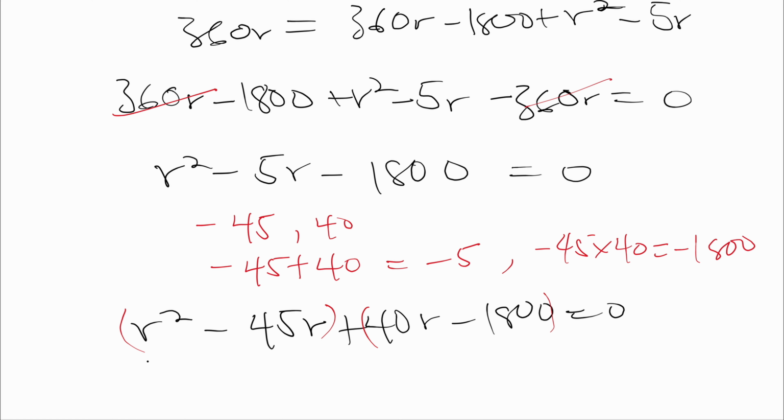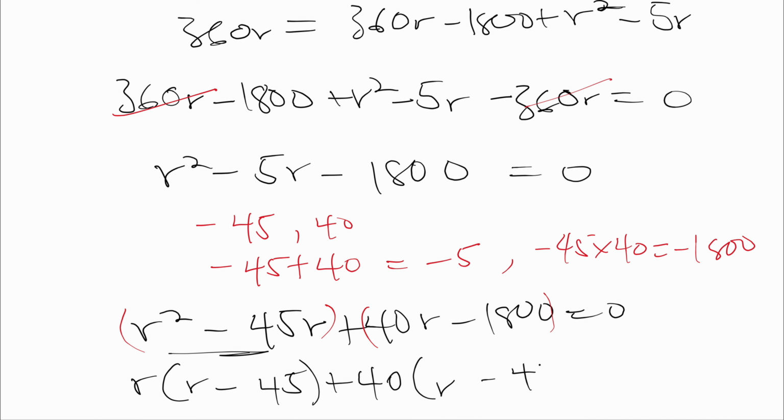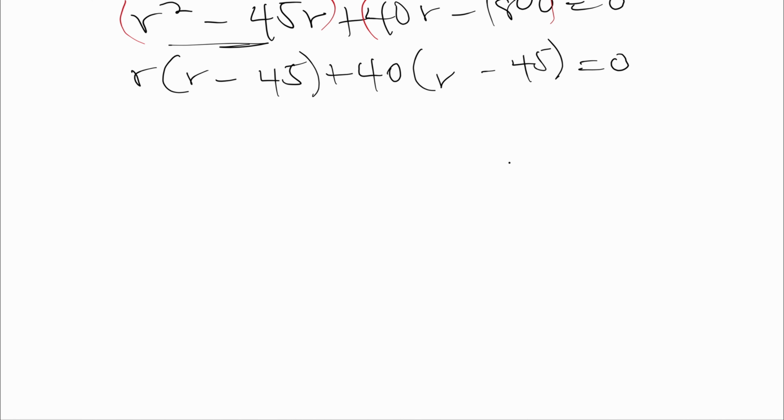So when we factorize R out from this side, we have R multiplying R minus 45 plus 40 out, R minus 45 is equal to 0. So we have R minus 45, R plus 40 is equal to 0.